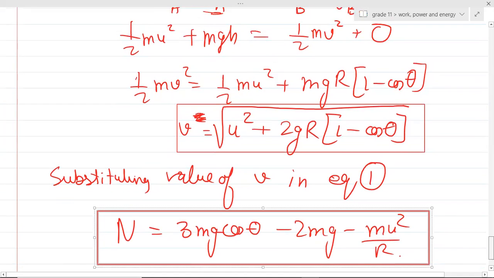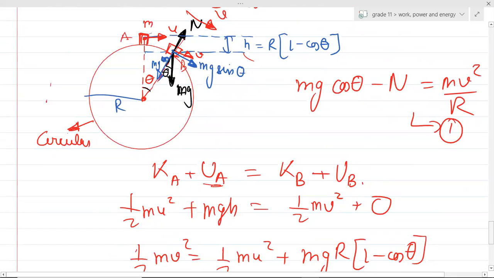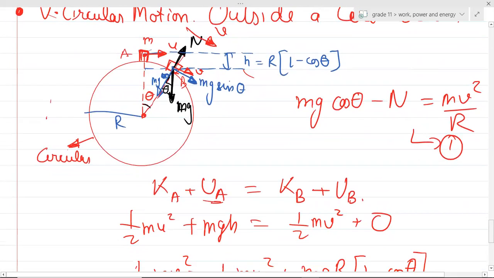Please write it. Shall I move it up? Sorry, with this thing, I'm done with all the vertical circular motion bits.